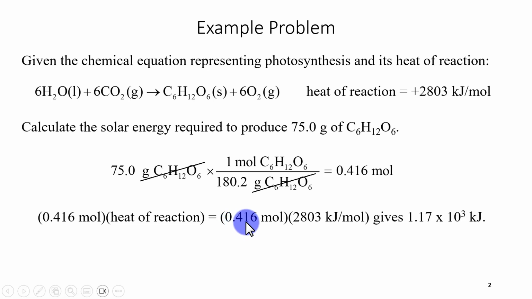So it's going to be 0.416 moles times 2803 kilojoules for every mole. The moles will cancel, and then I multiply those two numbers to give 1.17 times 10 to the third kilojoules for a total amount of solar energy that is required to make 75 grams of glucose.